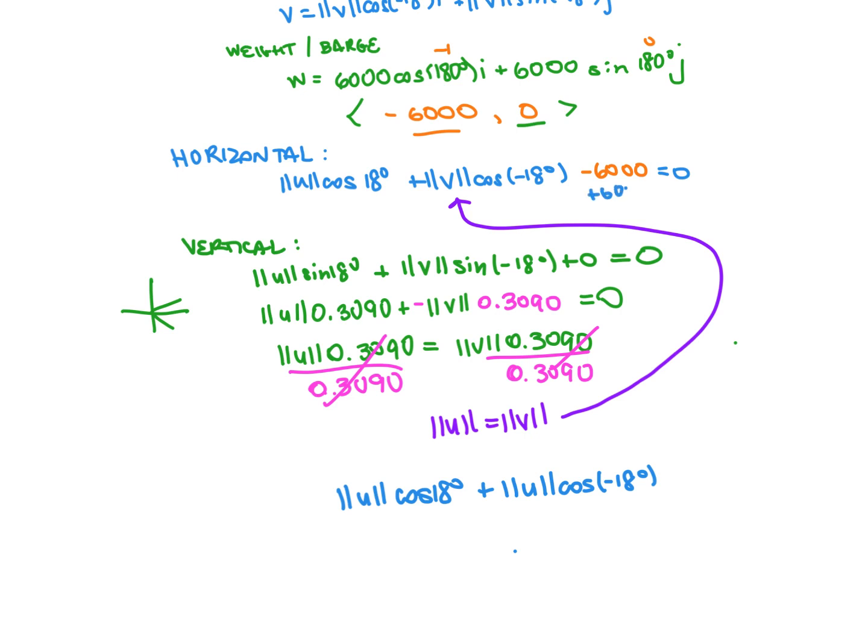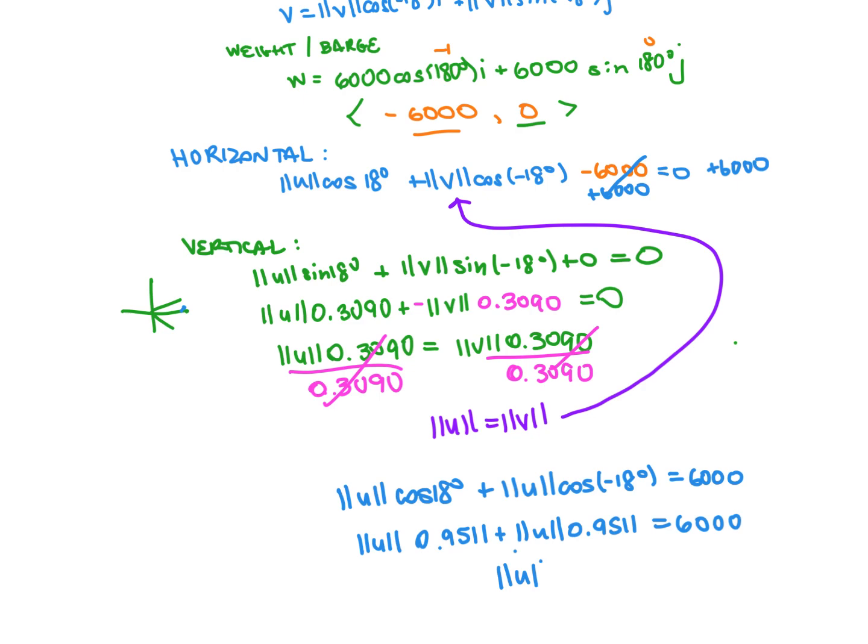I'll add 6,000 to both sides here, so it equals 6,000. If we plug cosine of 18 degrees into our calculator, we get the magnitude of u is 0.9511 plus the magnitude of u. Cosine of negative 18 degrees is going to be the same exact answer, because in quadrant 1 cosine is positive, and in quadrant 4 cosine is still positive, and since they're the same angle, it is still 0.9511. That equals 6,000.